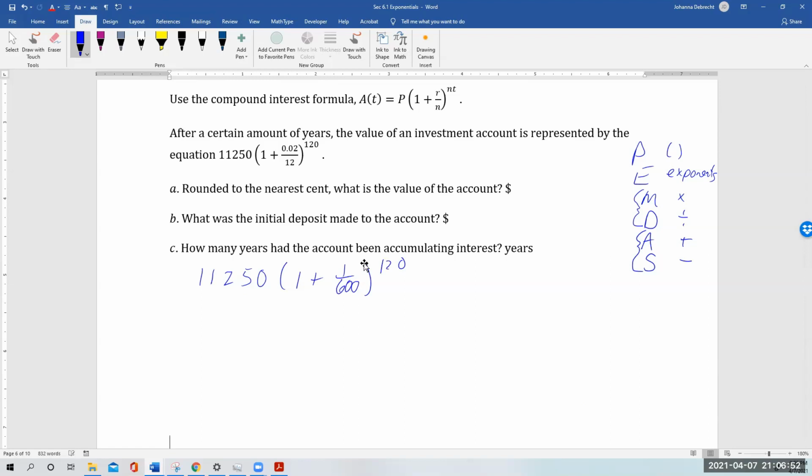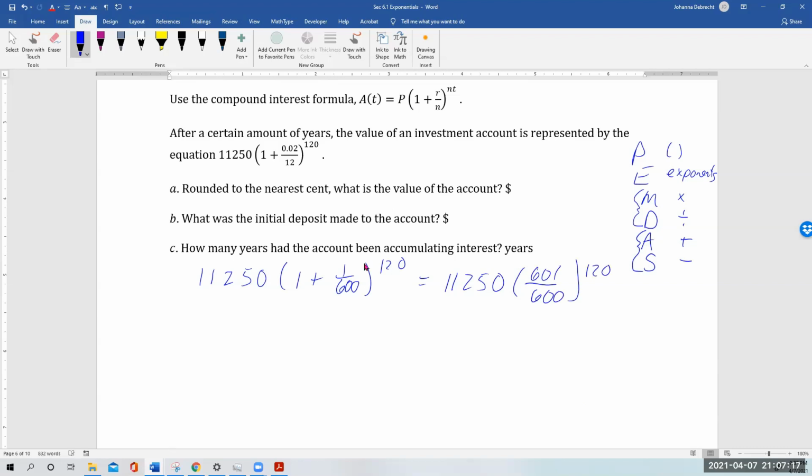We have not dealt with the power yet. When I add 1, I get 601 over 600. This becomes the next part: 11,250 times 601 divided by 600 raised to the 120th power.